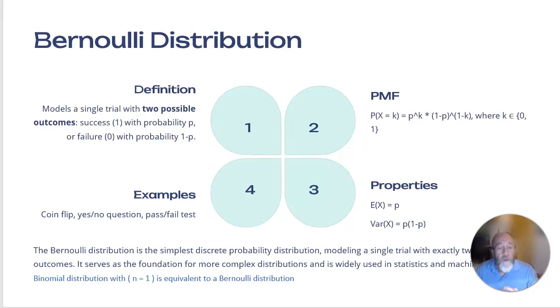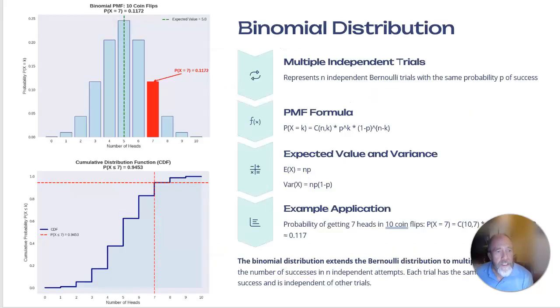Now, of course, there's more to it, but it's going to actually be a lot more useful when we move forward to the next one, which is the binomial distribution. The binomial distribution is tremendously useful in probability. Now, if you only had n equals 1, the binomial distribution becomes a Bernoulli distribution.